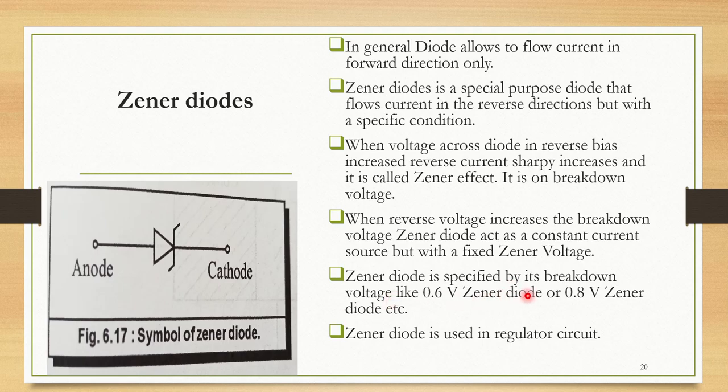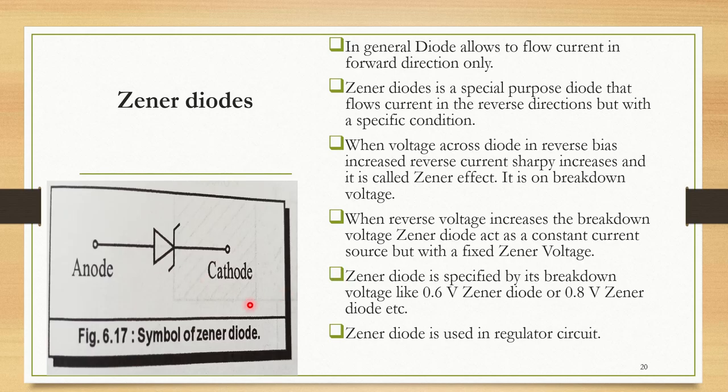Zener diode is specified by its breakdown voltage, like a 0.6 volt Zener diode or 0.8 volt Zener diode. Every Zener diode has a name. That means after 0.6 volt there will be current. After 0.8 volt, there will be a constant flow of current in the Zener diode.